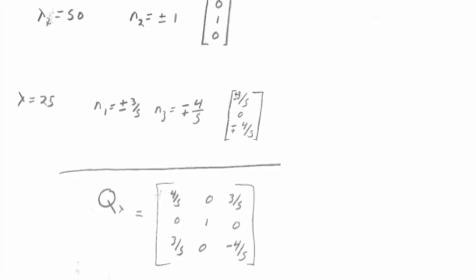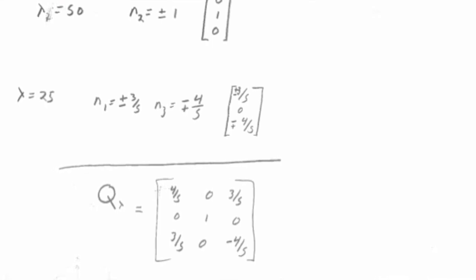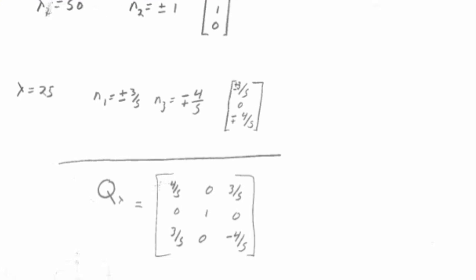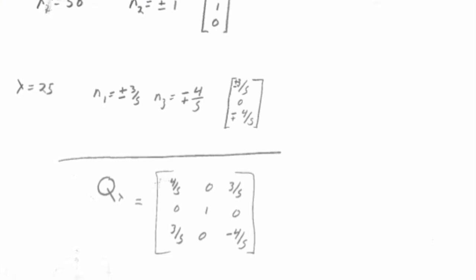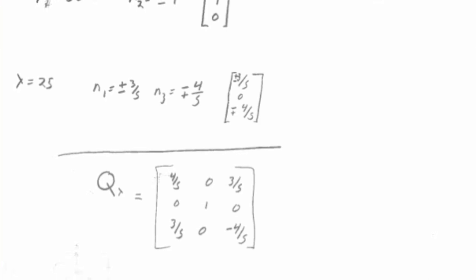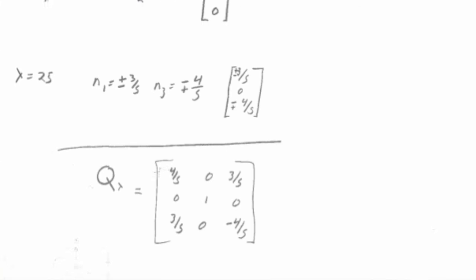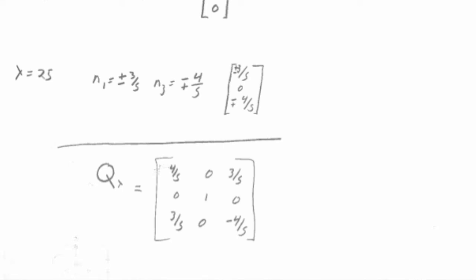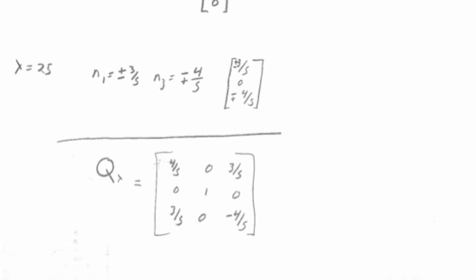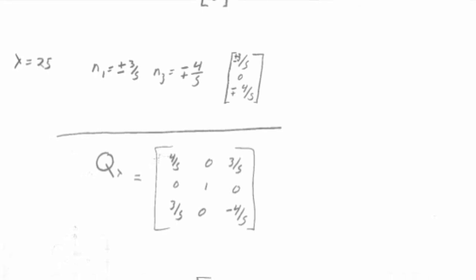And then for lambda 3 equals 25, the vector is plus minus 3/5, 0, minus plus 4/5. Right? So that tells us that those are our eigenvectors. These are orthogonal unit vectors. Right? So that's our coordinate transformation matrix.